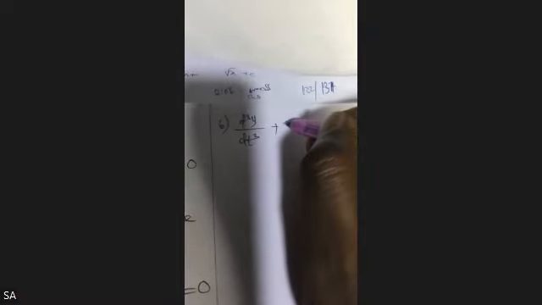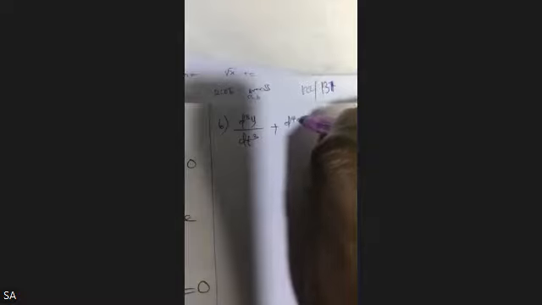How about this, class? So we have the 3y over the t cube plus the 4y over the t4.